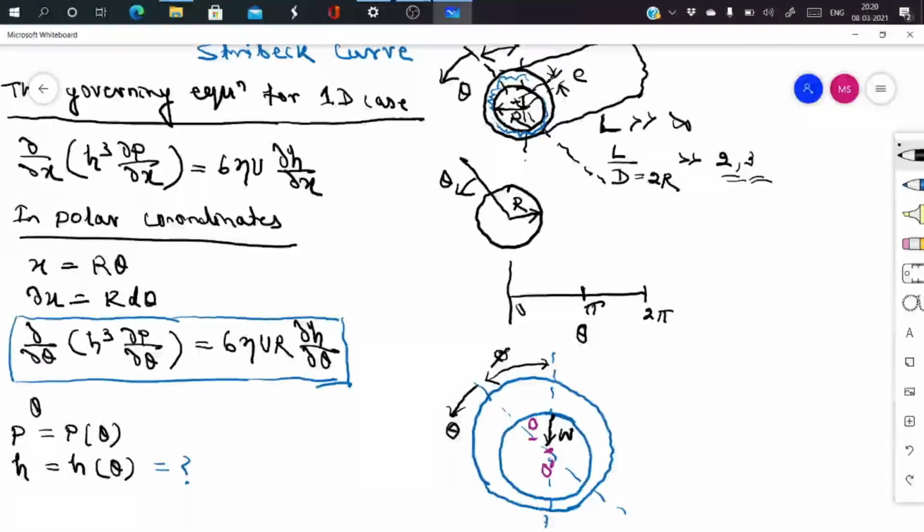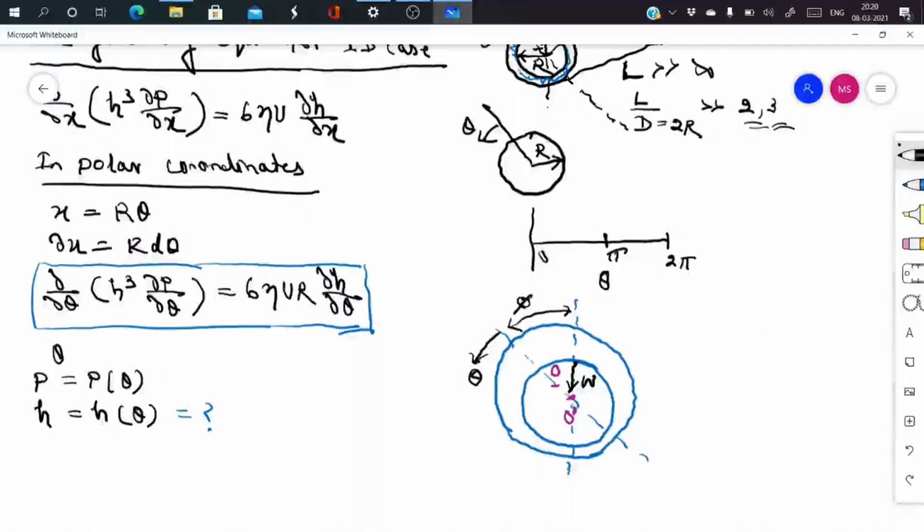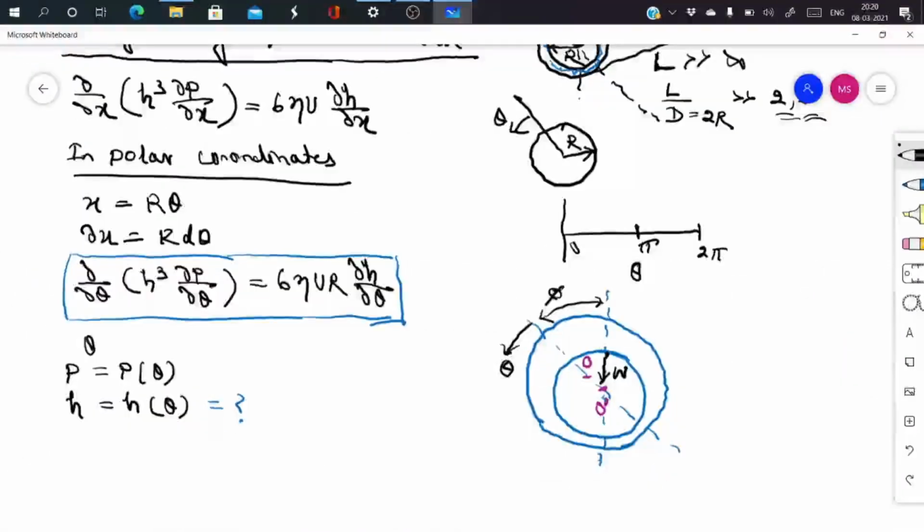Here the value of eccentricity is E equal to O O dash.